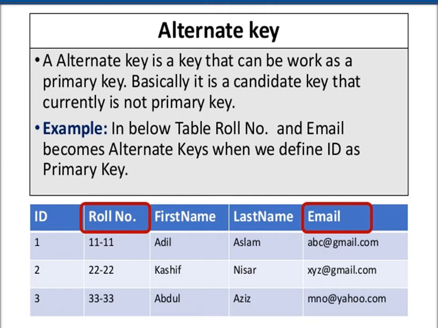An alternate key is a key that can work as a primary key. Basically, it is a candidate key that is currently not the primary key. So ID, roll number and email, all three qualify to be a primary key, but we have chosen ID as the primary key. That's why roll number and email, which are candidate keys, are now known as alternate keys.